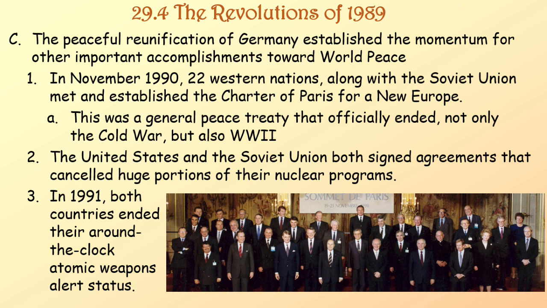This was a general peace treaty that officially ended not only the Cold War, but also World War II. The United States and the Soviet Union both signed agreements that canceled huge portions of their nuclear programs. In 1991, both countries ended their around-the-clock atomic weapons alert status.